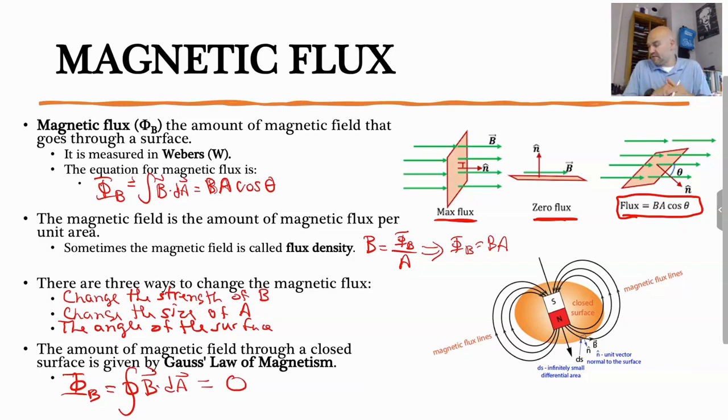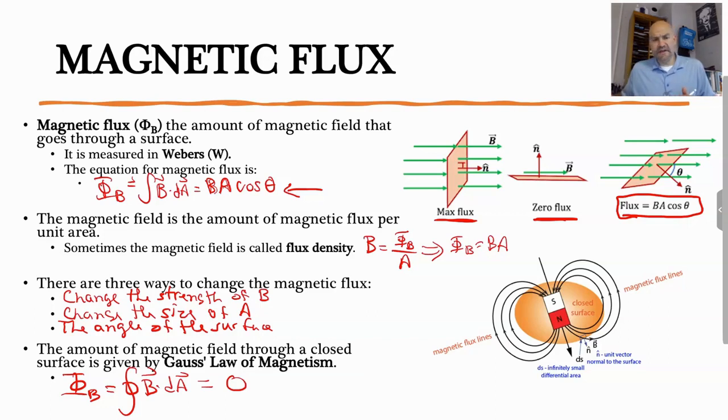Again, this is on a closed surface. The simple application of the law is that you'd be given surfaces and magnetic fields that pass through them, and then you have to calculate the flux. Or, in the opposite direction, given the flux and the area, find the strength of the magnetic field, and so forth.